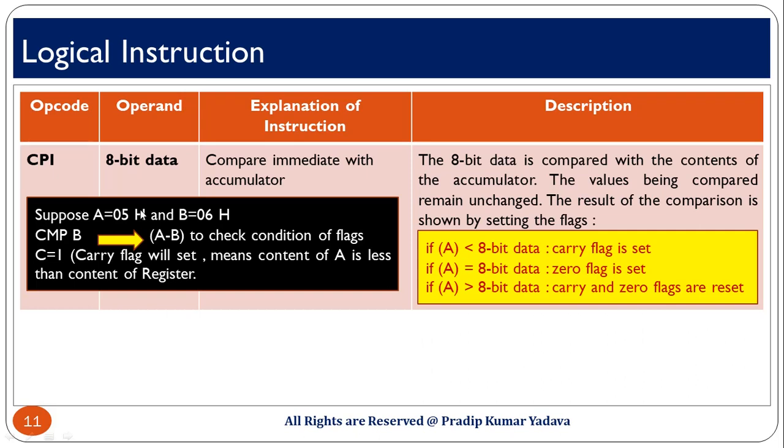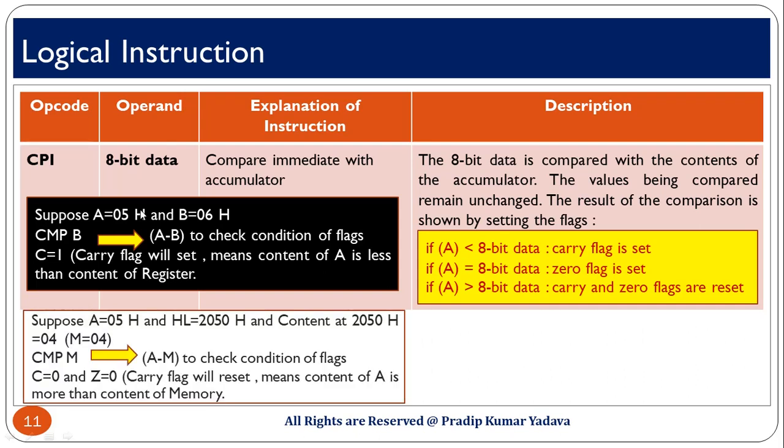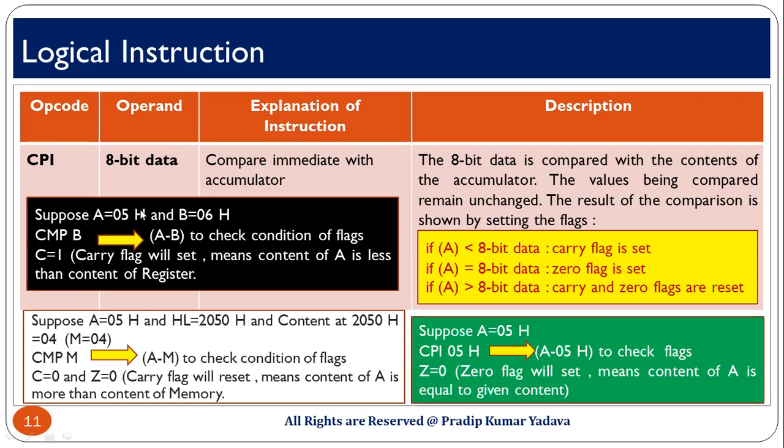So, here you can easily understand how this is going to work, and here we have taken a second example. You can pause this slide and easily understand. Here I have taken the third. The content of A is 05, and here we are going to compare with CPI 05, meaning A minus 05, so the zero flag will be set, which means both numbers are equal.